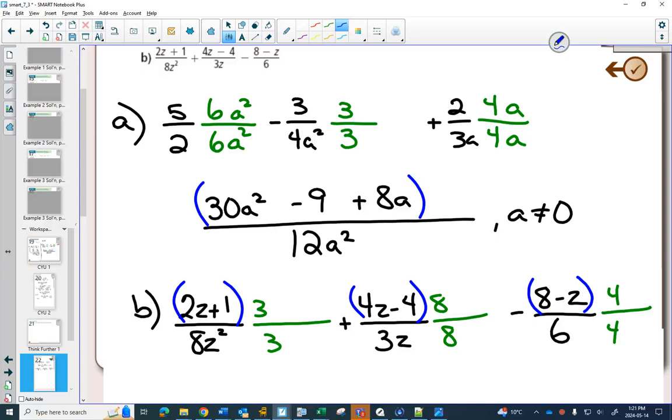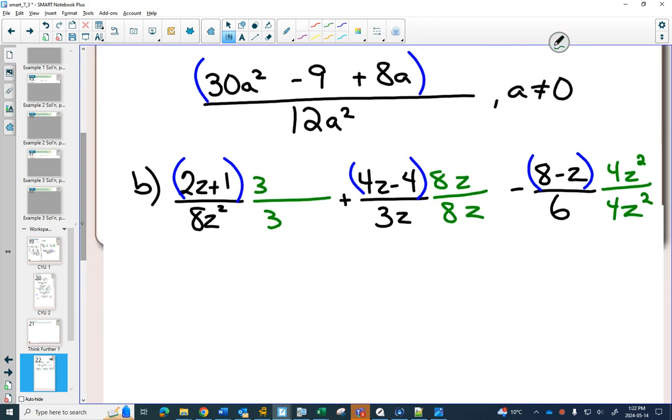Now for my variables, I have a z squared, a z, and a z, so we need a z squared. This one needs a z, and this one needs a z squared. That will get me a common denominator of 24z squared. And then I'm going to do each one individually and just put it in brackets temporarily.